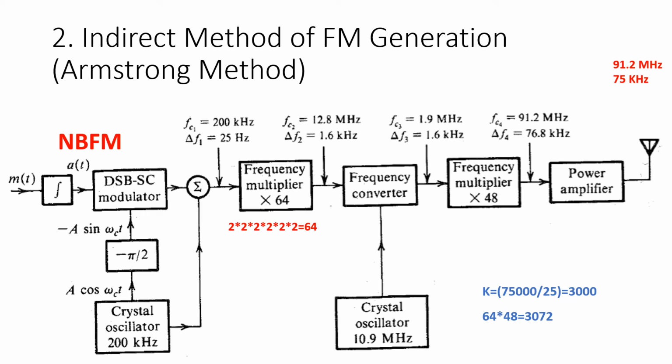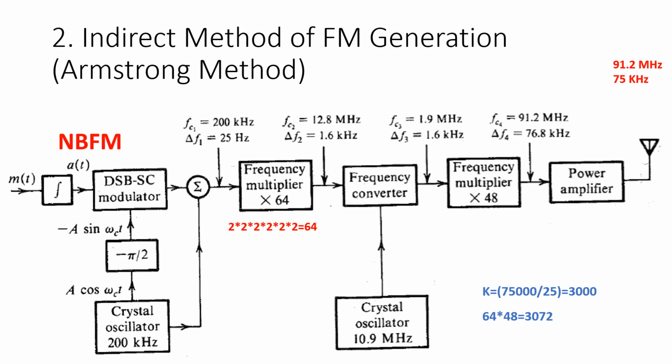But this multiplying factor, 3072, converts the carrier of 200 kilohertz to the value of 600 megahertz, which is undesirable because we know that for FM we should have the carrier in the range of 88 megahertz to 108 megahertz. Then what is the solution?